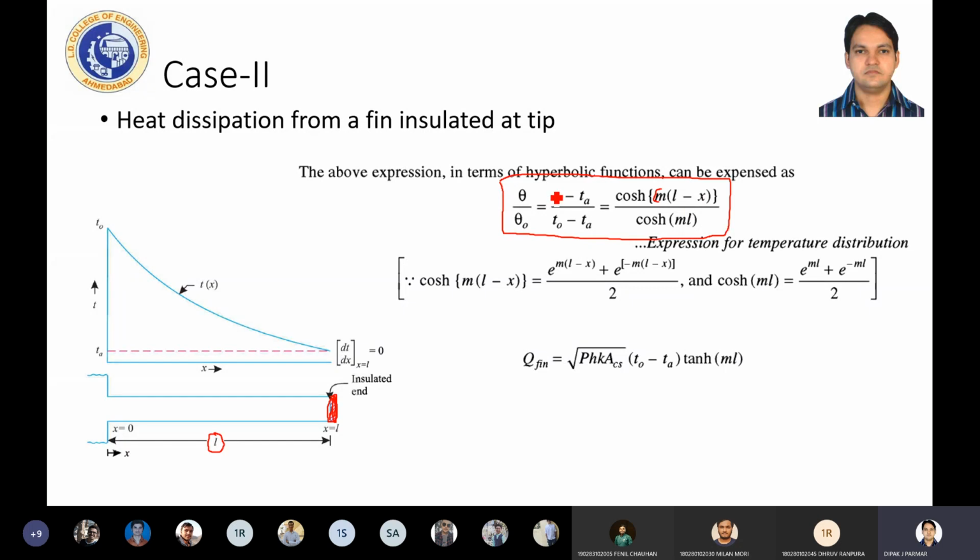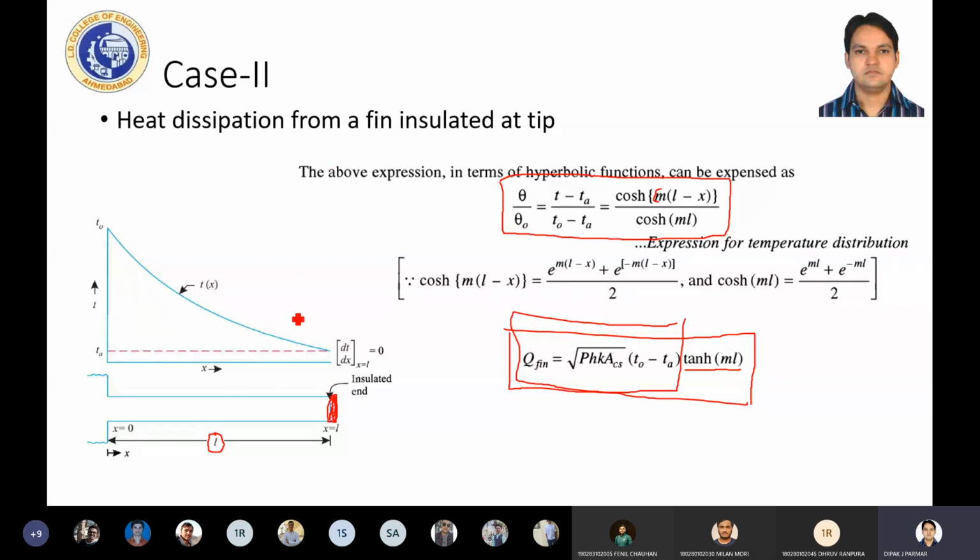Once you have this temperature difference ratio, you can get the heat loss from a fin, and that equation comes to Q_fin equal to the square root of hP k A_c times (T_O minus T_A). So this is a new term compared to case 1. In case 1, the infinitely long fin, the equation was square root of hP k A_c times (T_O minus T infinity).